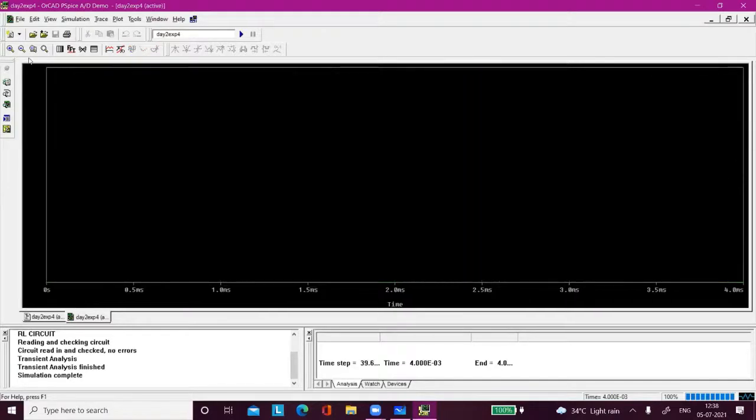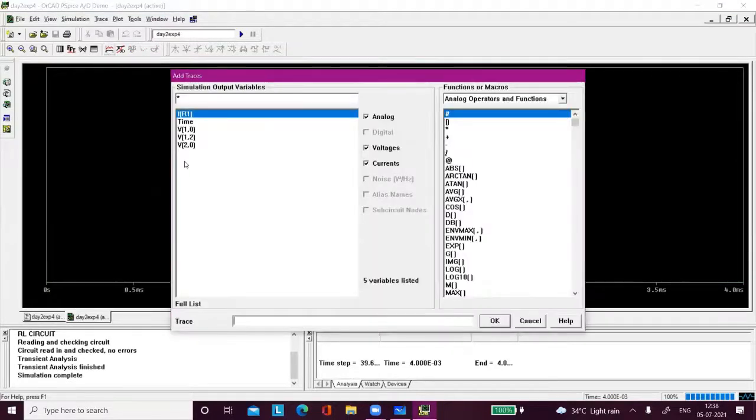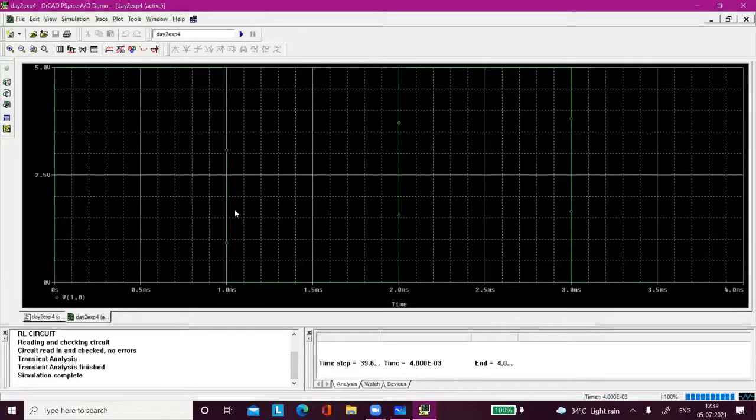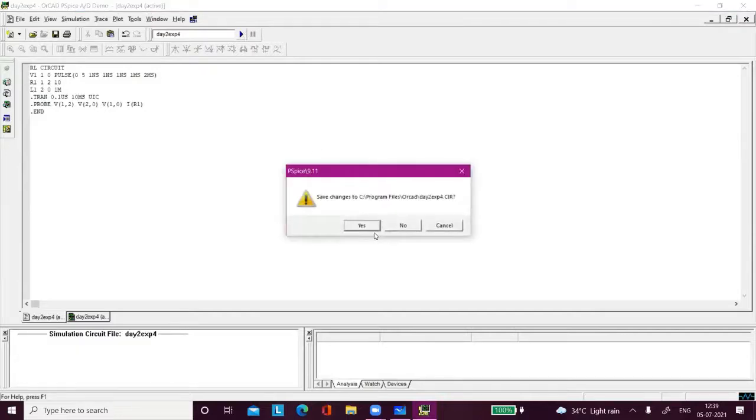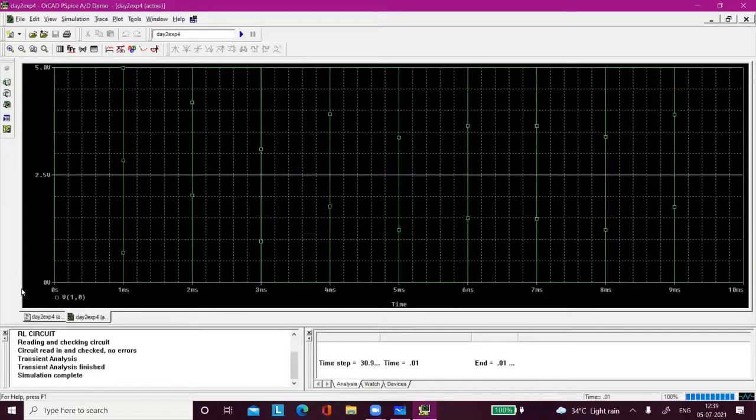So what is the waveform? Let us first plot the waveform. This is the source, the green color one. Can you see? Yes, sir. If you select 10 milliseconds, it will show 5 cycles.